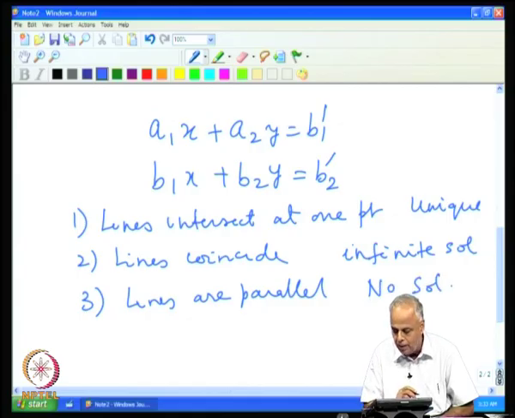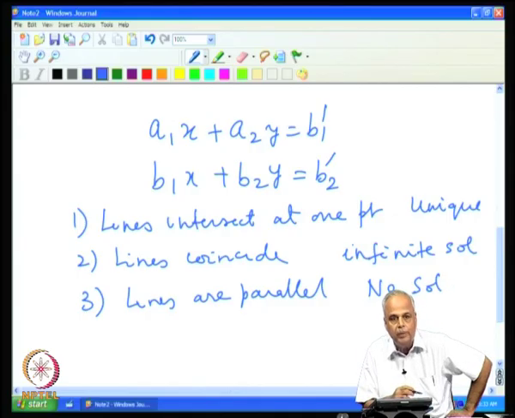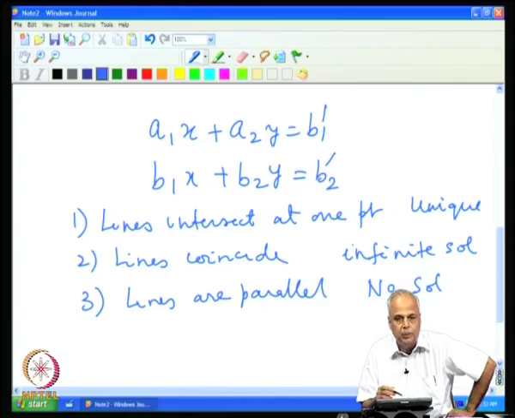Thus, we could end up with several situations, namely lines intersecting at one point, lines coinciding with each other and therefore giving infinite number of solutions, or lines being parallel, therefore there is no solution.